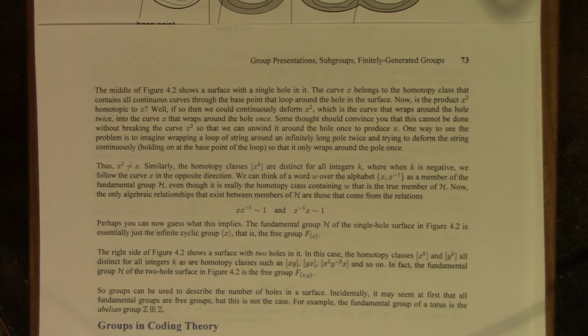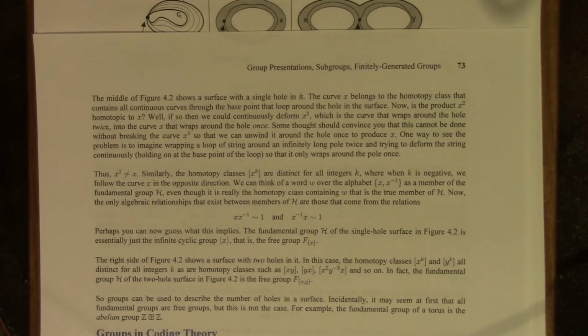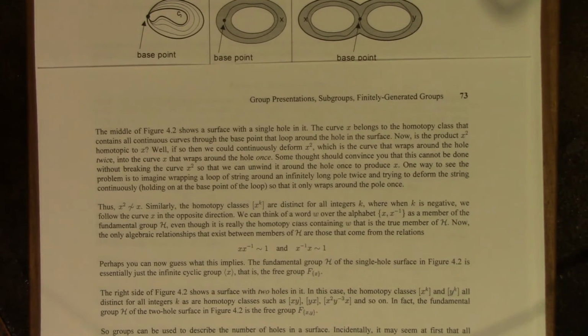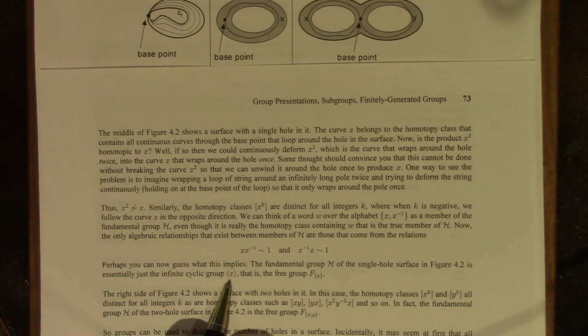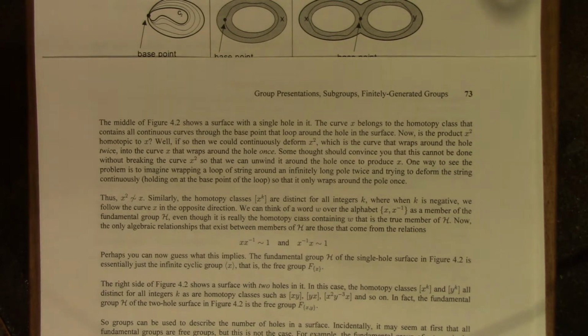Well, you can probably guess now what's going on. The fundamental group of the single hole surface in this picture is just the infinite cyclic group generated by X, or the free group on X. It's just the same thing.